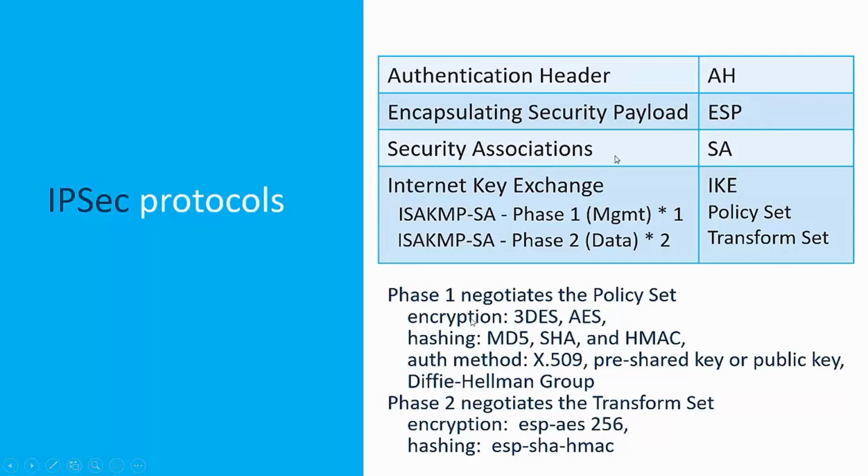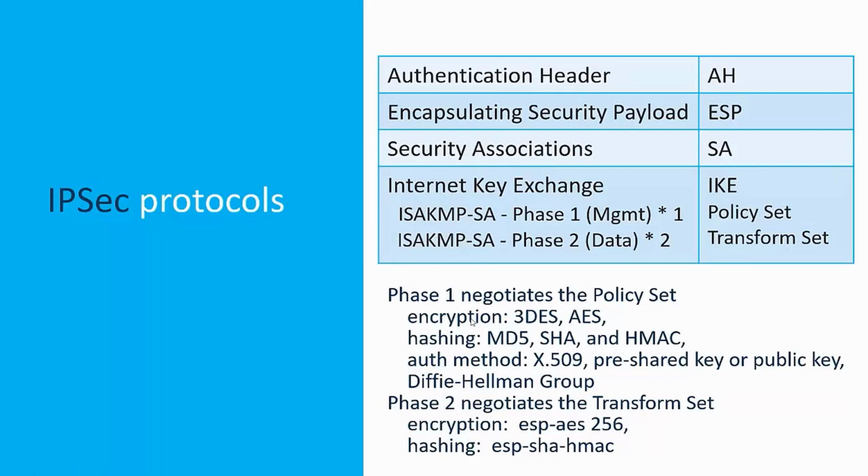Now, security associations are used to set up basically a contract or a recipe for how security is going to be handled from each end of the IPsec connection or tunnel. Security associations are built on IKE, or the Internet Key Exchange, and IKE uses the policies laid out in ISAKMP to set up these security associations.